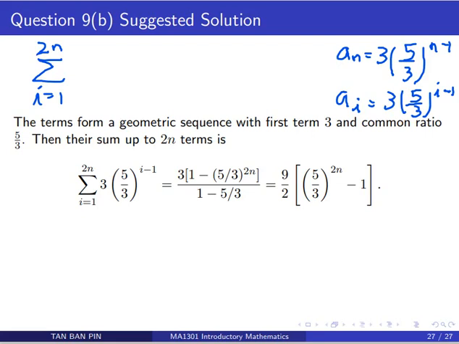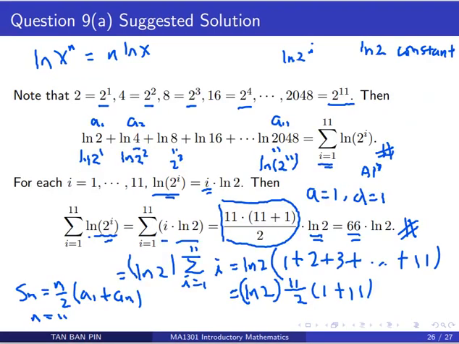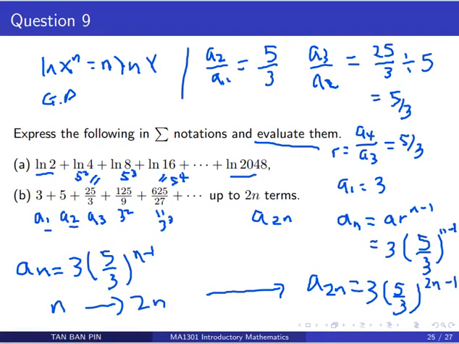You're adding a1, a2, a3 until a_2n. It means you sum from 1 to 2n of a_i, you sub i as 1, 2 until 2n.